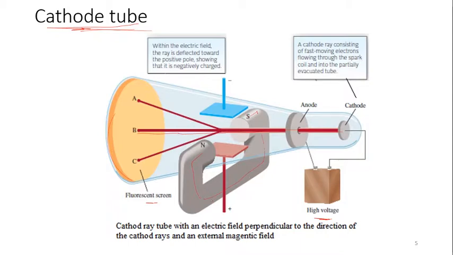They found that when they applied the magnetic field, the ray ejected from the cathode deflected to point A, while applying the electric field, this beam deflected to point C. That led them to believe that those particles that traveled from the cathode must be negatively charged because they were repelled from the negatively charged plate held in the middle of this tube.